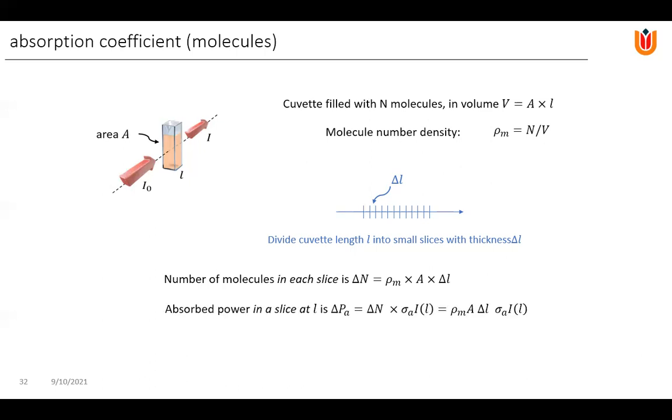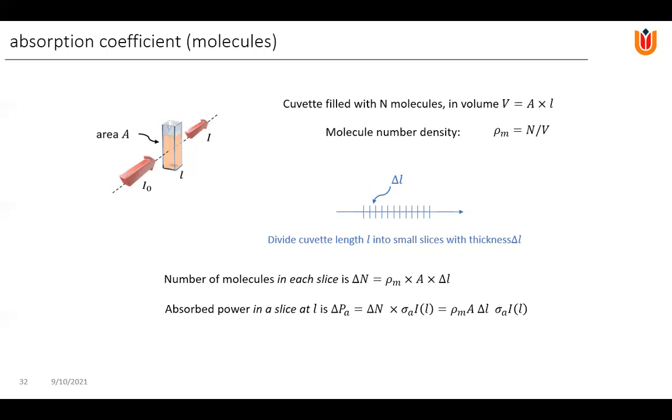So we can write that down. The absorbed power in such a slice, somewhere in there at L, is delta P_A, is delta N, the amount of molecules, times sigma, the absorption cross section.